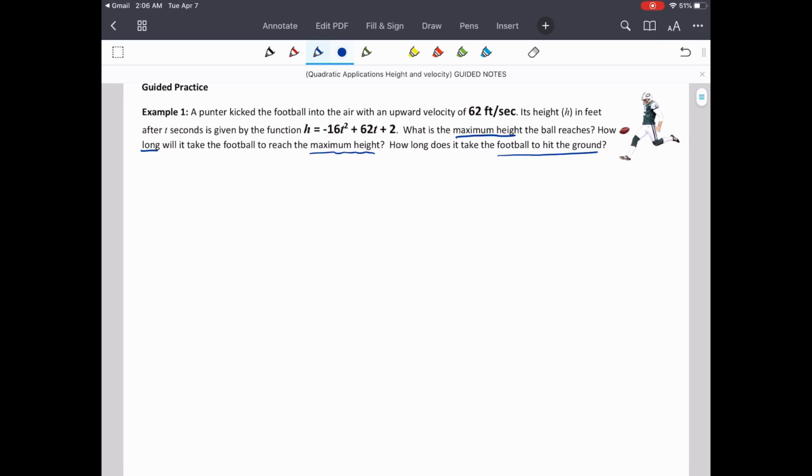So just doing a really terrible rough sketch of this, obviously the football is going to leave the foot and it's going to follow that type of curve. Okay, so if this is t and this is h, as long as we can figure out the vertex, we'll figure out the height.